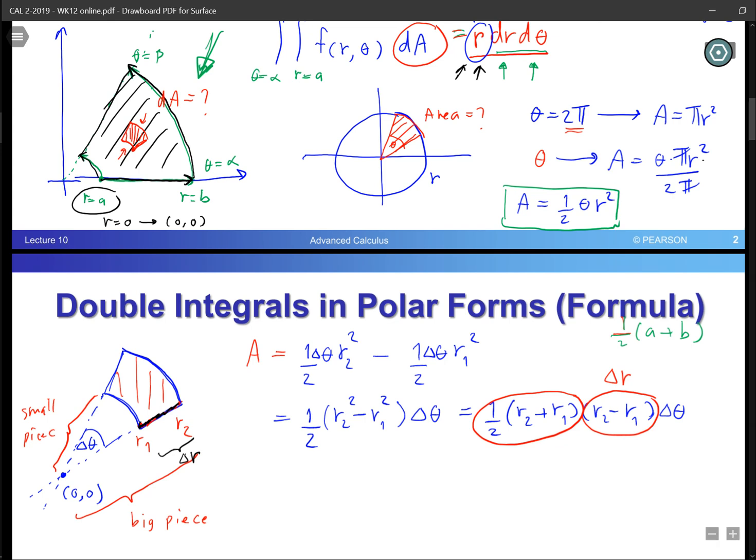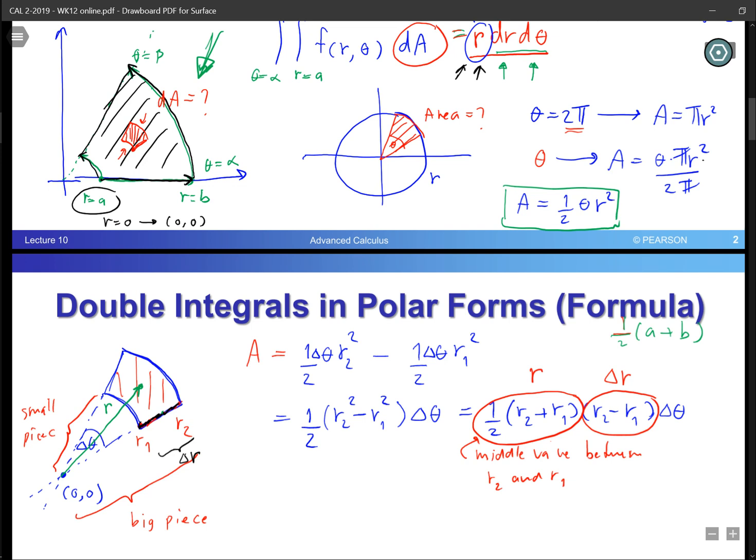So this middle value between r2 and r1, the middle value right here, also right here. So I'm going to use the center of this piece. So this thing is r, right in the middle of r1 and r2. So this is equal to r.